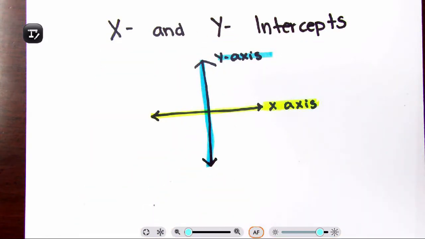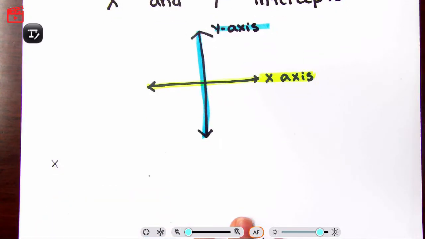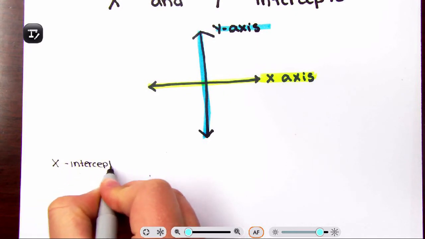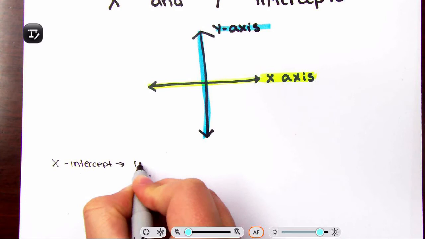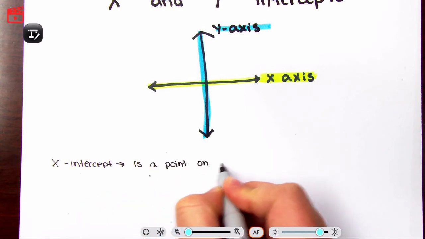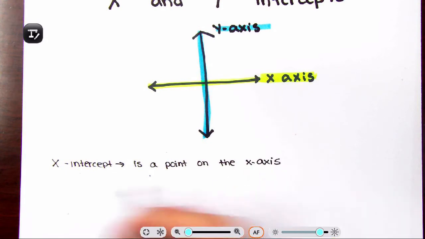Let's actually take a moment to write that down. The X intercept is a point on the X axis. And so the opposite is true.